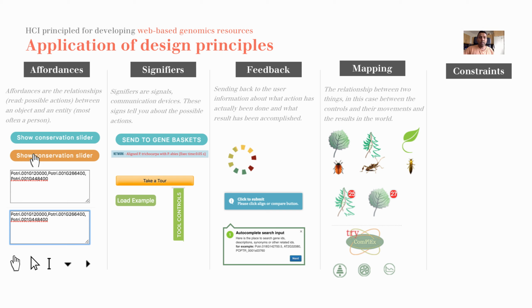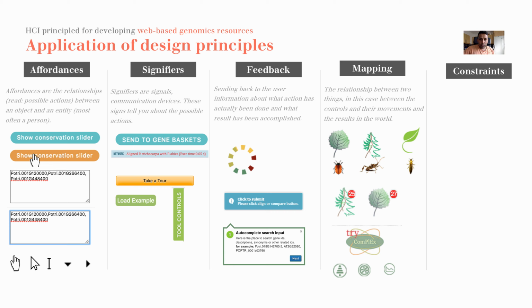Signifiers. Signifiers are the signal communication devices. These signals tell you all possible actions in that function, in this case a button, or it can be the error message. Feedback, sending back to the user information about what action has actually happened in the backend is important.